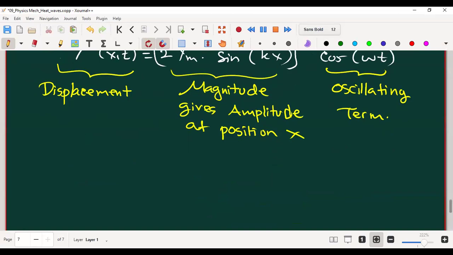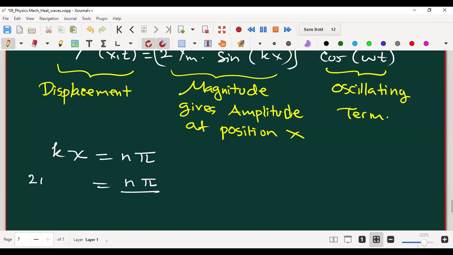Then from this, we get the position of node and antinode. The position of node is half of the wavelength. So the position of node is like this: kx is equal to n times pi. So k is n pi per x. Oh, sorry, I mean this one is x.